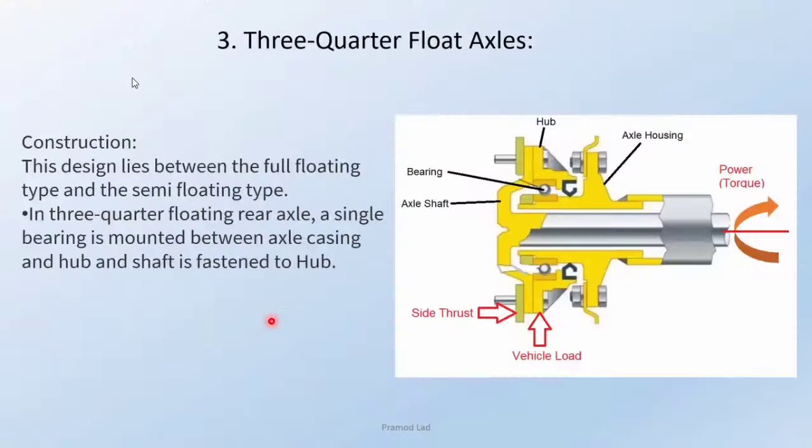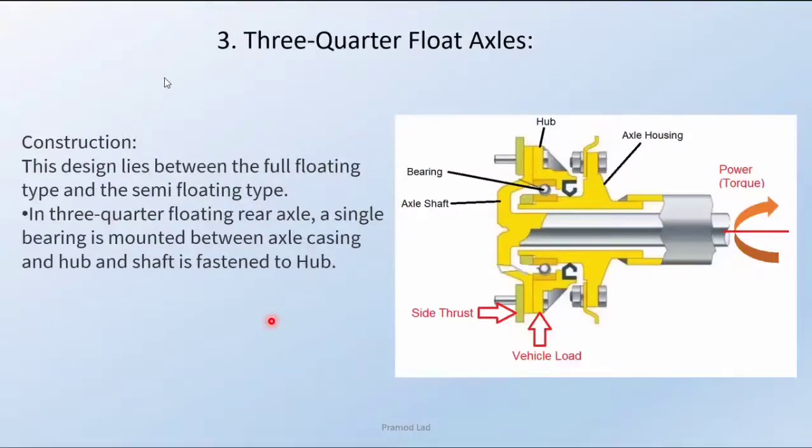Next type is the three-quarter float axle. So how is the construction in this case? This design lies between the full float and the semi-float type. In three-quarter float rear axle, a single bearing is mounted between axle casing and hub and the shaft is fastened to the hub.